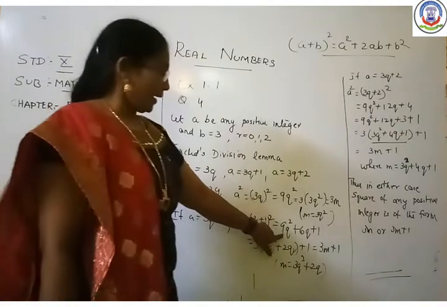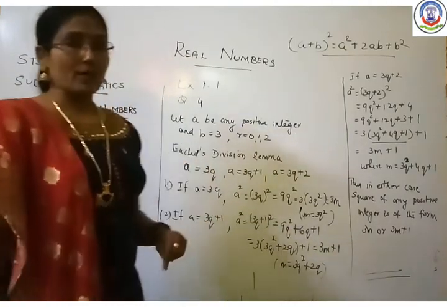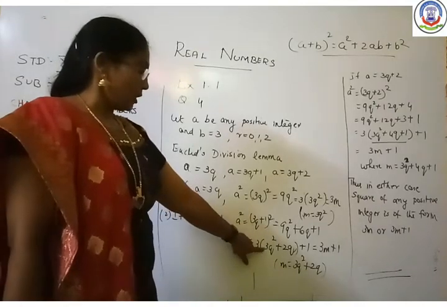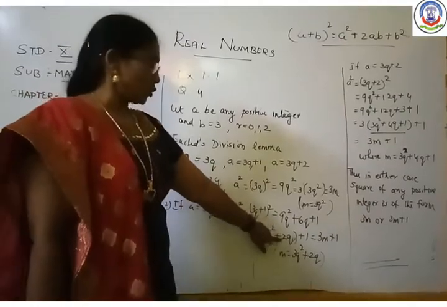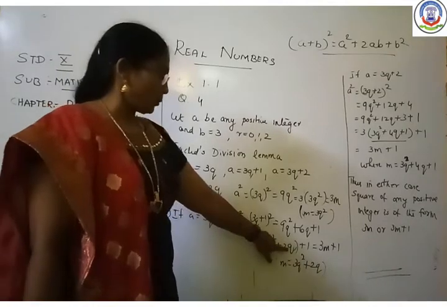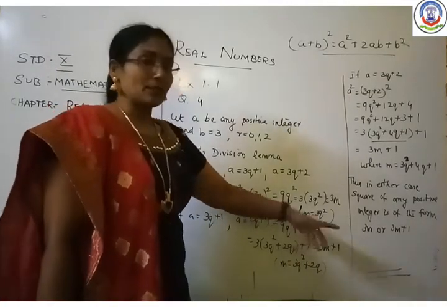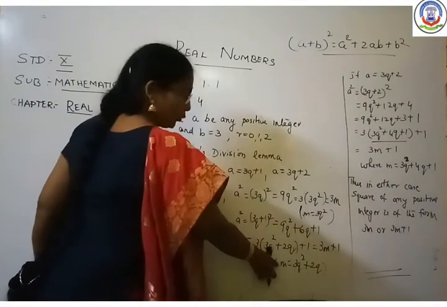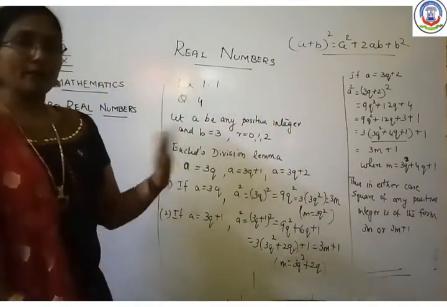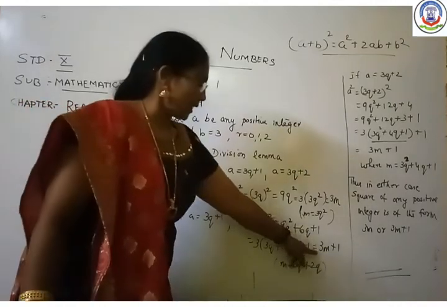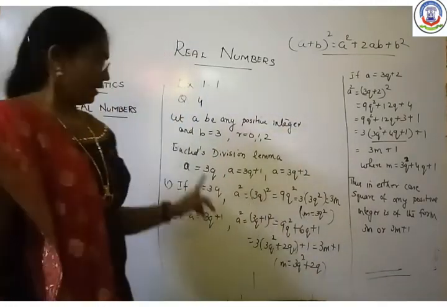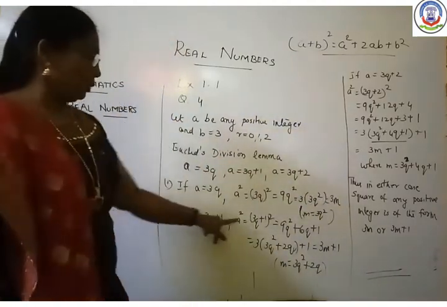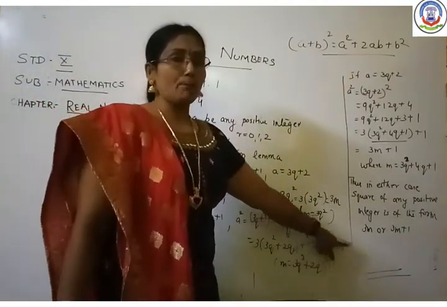Here in 9q square and 6q, one common factor is there, which is 3. You can take 3 as common factor here. So 3 into 3q square plus 2q, you have separated this. Now instead of this 3q square plus 2q, you have substituted m, another integer. So you have got the answer as 3m plus 1. Children, in the previous case you got that this is equal to 3m. In this case you have got that this one is equal to 3m plus 1.